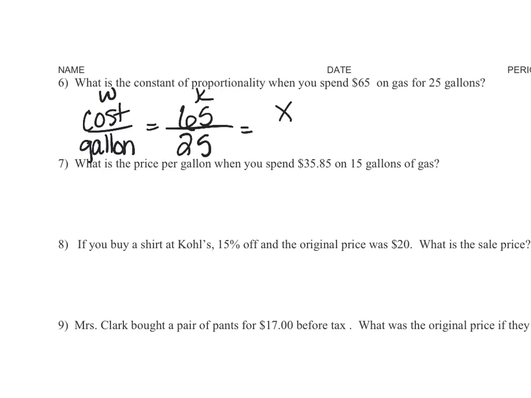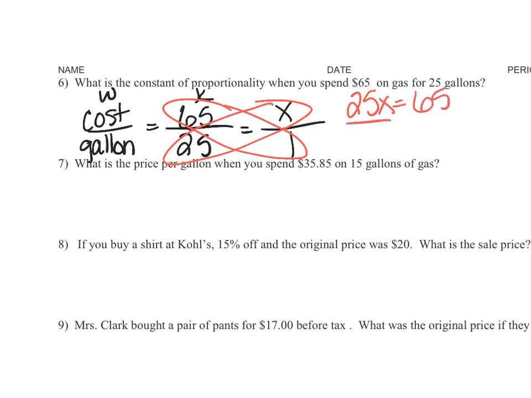So we want to know how much for 1 gallon on this one. So on here, when I cross multiply, I'll get 25x equals 65, and I'll divide both sides by 25. And my x will then equal $2.60 per gallon.